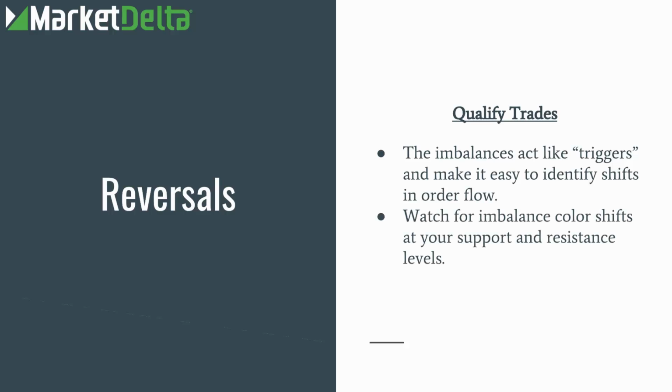And so that can really help you identify market reversals at key levels. So you want to watch for these imbalance color shifts, as I call them, or triggers, at your support and resistance levels. And I don't mean to make that sound overly simple, but that's what you're looking for, and that's why the imbalance footprint is so nice, because it just automatically shows you when these sell imbalances or buy imbalances happen.